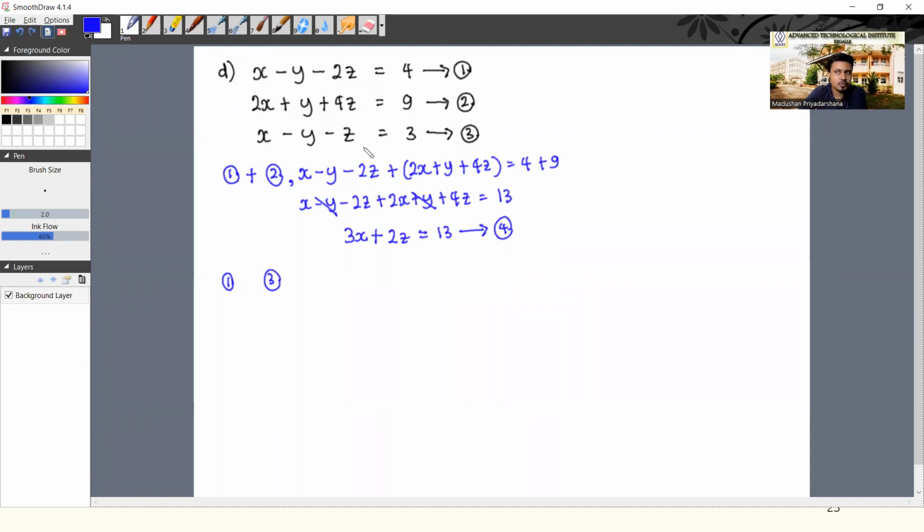What we need to do in order to eliminate y, do we need to add these two equations or deduct? Deduct. Sehani is saying that we need to deduct.